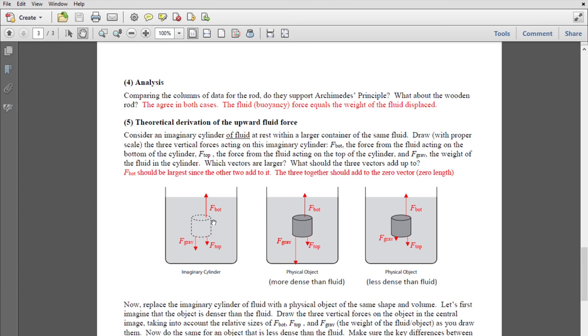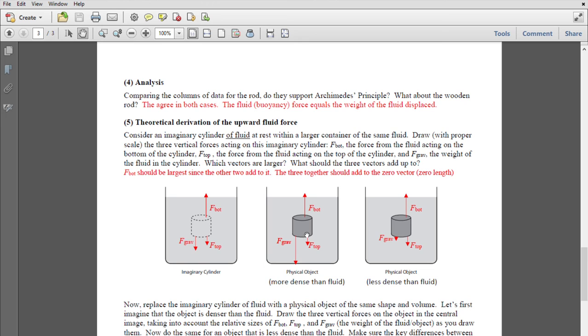And the difference between these three cases: this is a case where we're imagining that same cylindrical shape but filled with water. Here is a cylinder which is more dense than the fluid, and of course the bottom and top pressure forces don't change. It's the weight force that changes. So if the object is more dense than the fluid, the gravitational force gets longer, and that means these no longer add to zero.